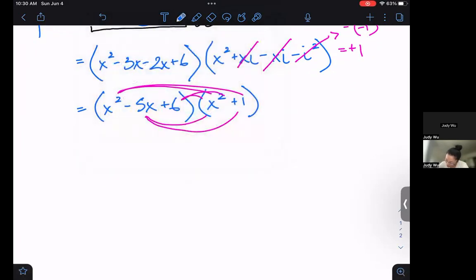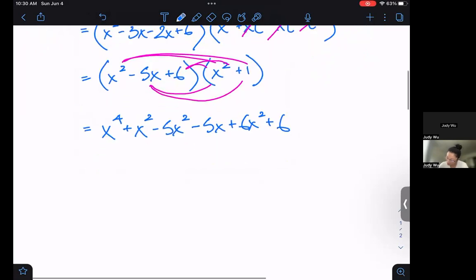And we get x to the 4 plus x squared minus 5x cubed minus 5x plus 6x squared plus 6. Now we go ahead and try and combine any like terms we have and line them up in order from the highest power down to the lowest power.